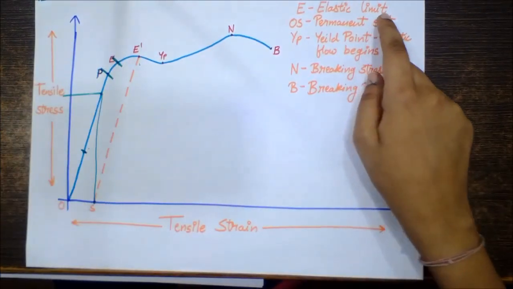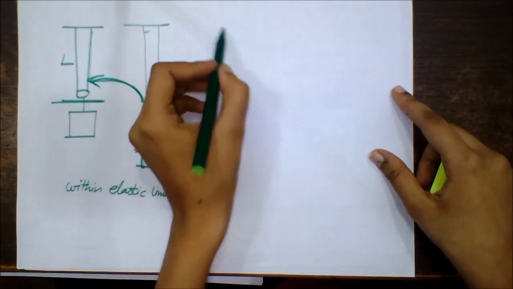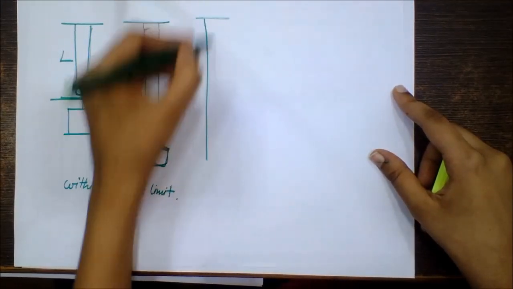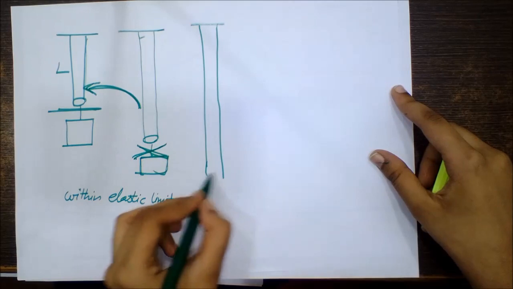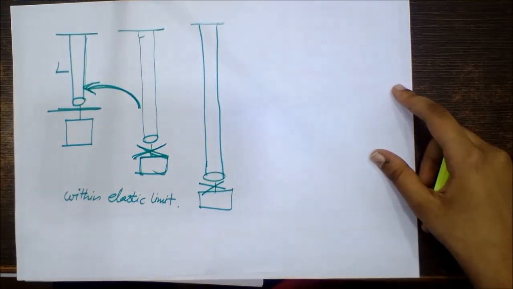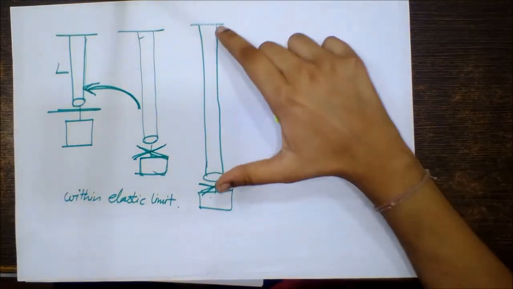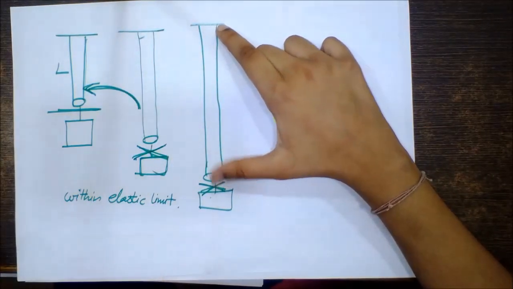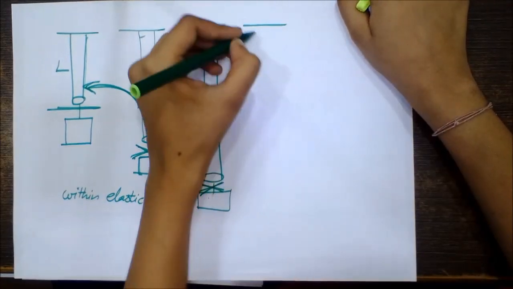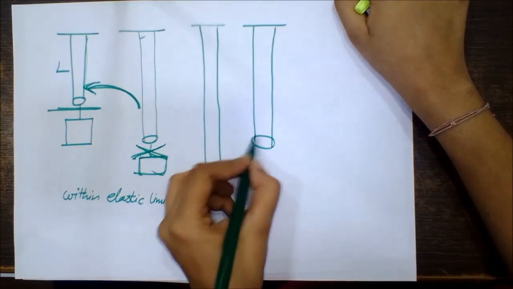Now, if I cross the elastic limit of the rod, if I increase the length beyond the elastic limit and then remove my weight from the rod, it will again go back to its shape and size, but not the original shape and size. Maybe a shape and size a little bigger than the original one.